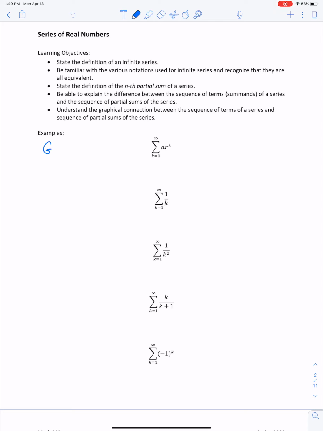This is the geometric series. And so very often when we think about series, we use summation notation, as you've seen, as a compact way of writing a series. But of course, a series is just an infinite sum of terms.